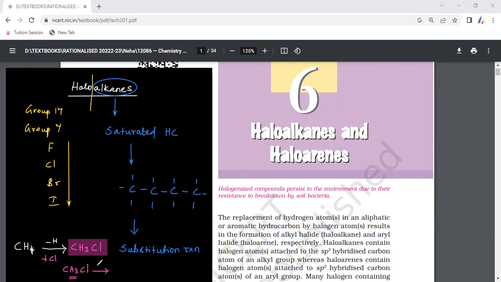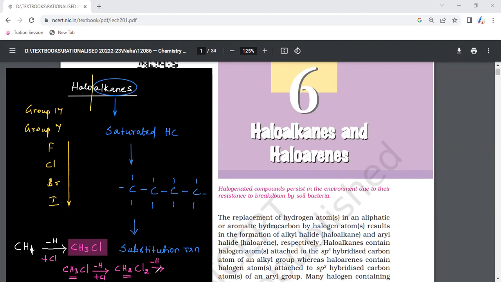All hydrogen atoms are replaceable hydrogen atoms. Let me remove one hydrogen atom with another chlorine atom. So on removal of one hydrogen from CH3Cl, it turns to CH2. Already there is one chlorine atom, and another chlorine is going to be added. So this is dichloromethane, and dichloromethane has 2 replaceable hydrogen atoms.